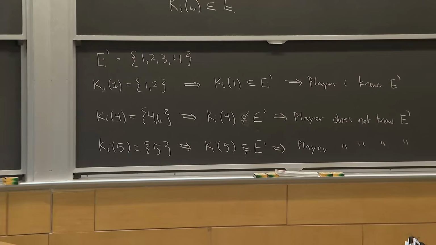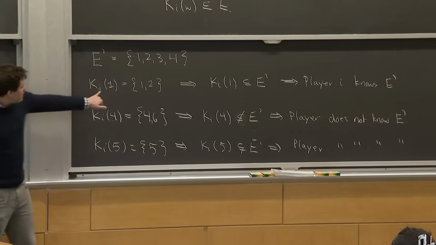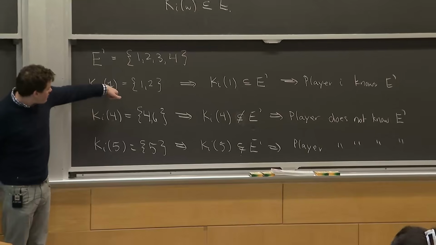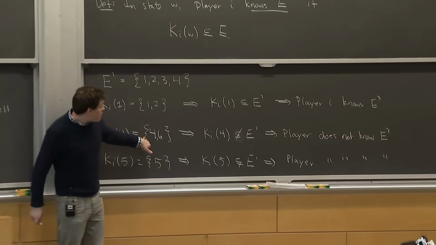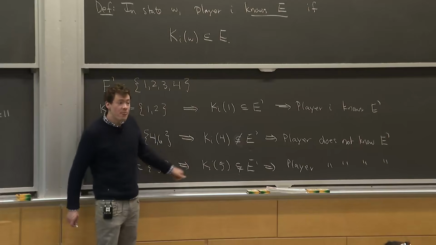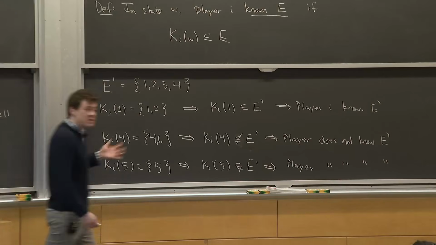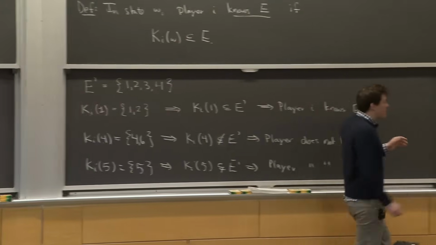So we saw kind of 3 possibilities here. E prime occurs, and we know it. E prime occurs, and we don't know it. And E prime doesn't occur, and we don't know it. You might ask, is it ever possible that I know an event when the event doesn't happen? And it turns out that's going to be impossible, and we're going to make that precise next.